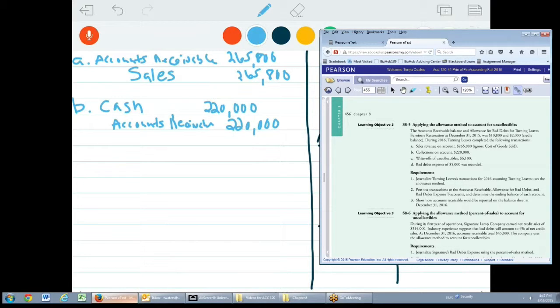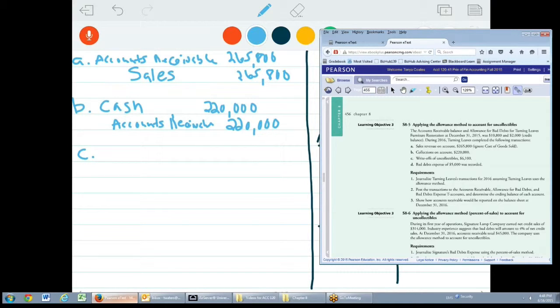Okay, and in transaction C, we need to write off uncollectibles. When we record a write-off under the allowance method, our journal entry is different than the direct write-off method. These are the customers that we know will not pay. Maybe they called and said we're in bankruptcy, or we've tried repeatedly to contact them and collect the money from them.